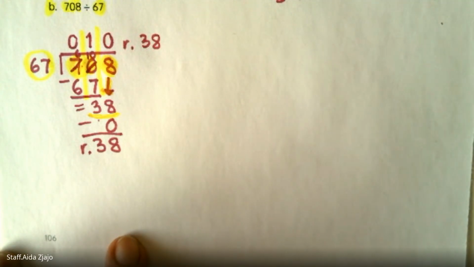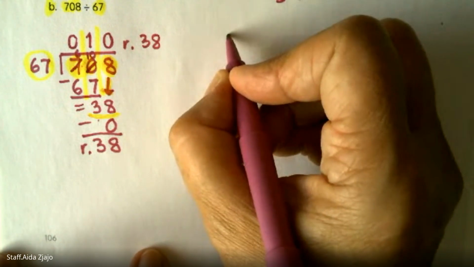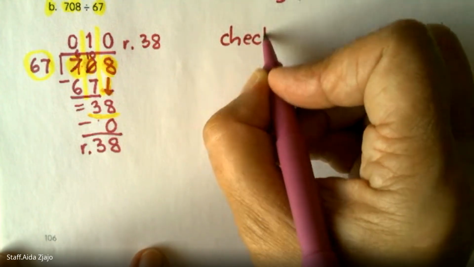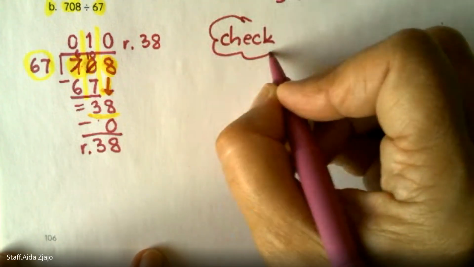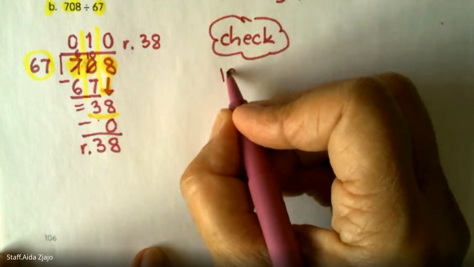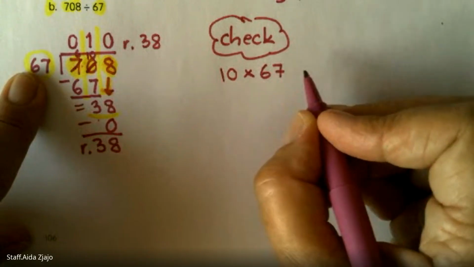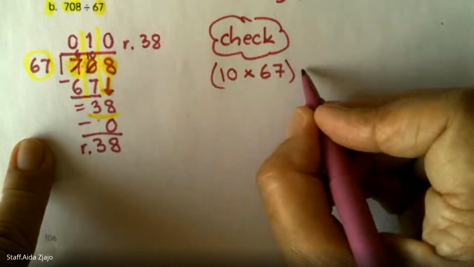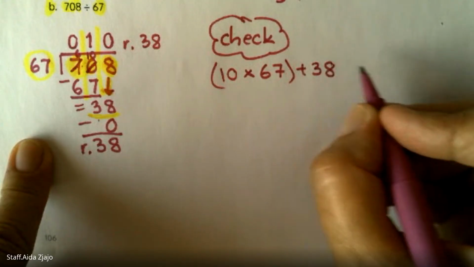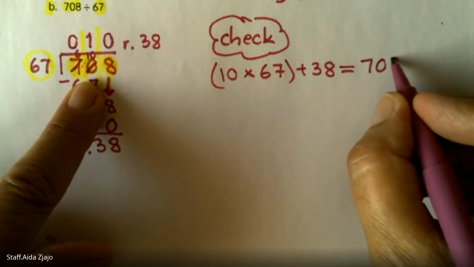All right. So now to check your answer. The answer is 10 groups of 67 plus a remainder of 38, which must equal 708.